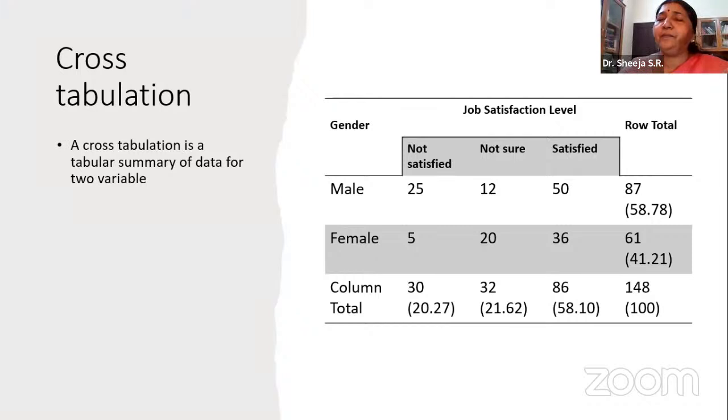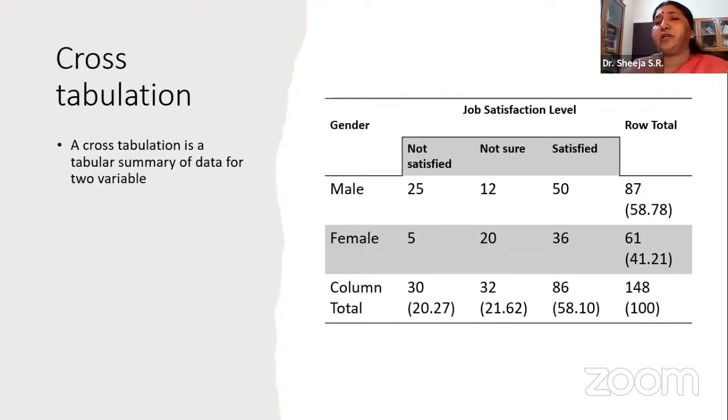So from this table, we get an idea that, out of 148 people, the largest percentage of people are satisfied with their jobs.